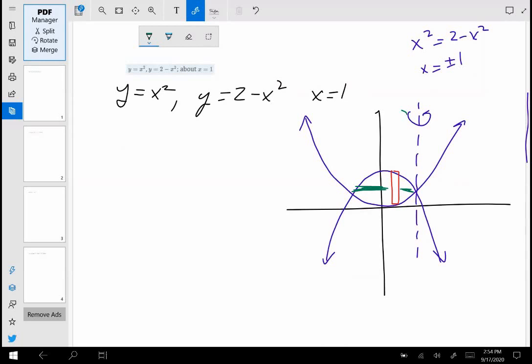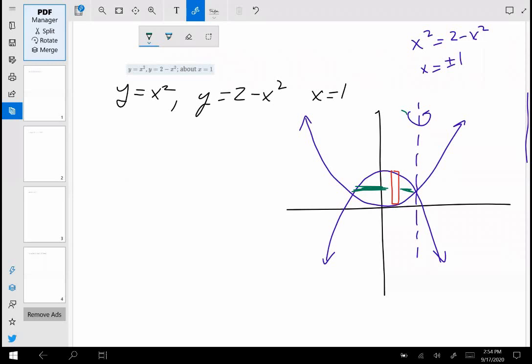I can't use the symmetry because I'm not rotating about the middle of it. So the volume of the inside piece is going to be different than the volume of the outside piece. So I couldn't just double it. So I can't use the symmetry. So I'm thinking the cylindrical shells might be better in this case.